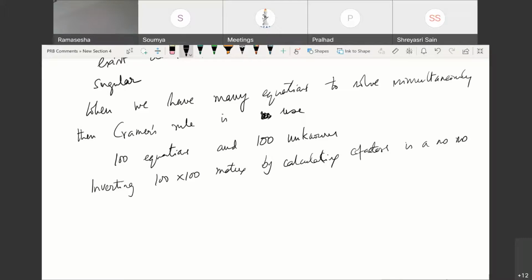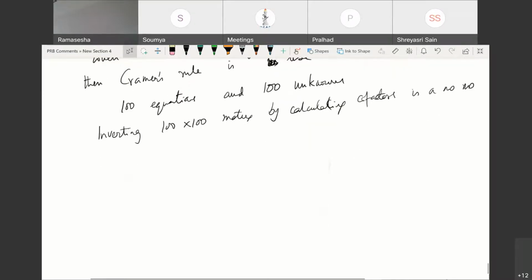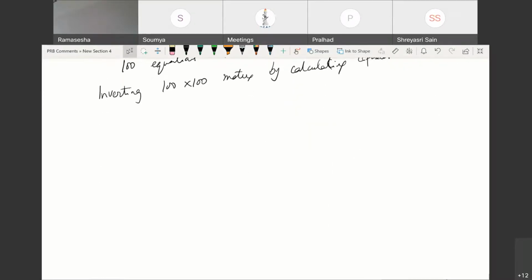So how do you do these solutions of equations? There is a very simple iterative scheme. We can solve numerically by an iterative scheme. So I'll just illustrate with a simple problem.